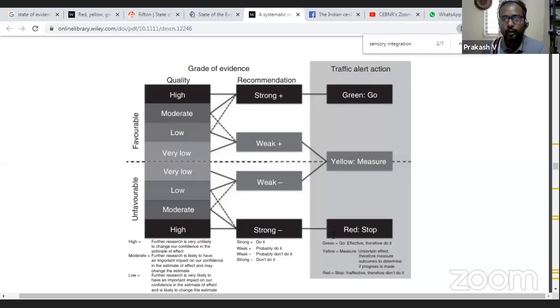So whenever they show red, it means that the evidence is clear. Remember, often we have a common criticism against systematic reviews that they do not give a clear-cut conclusion or decision. But these grades of evidence do give clear-cut evidence whenever they say green and red.